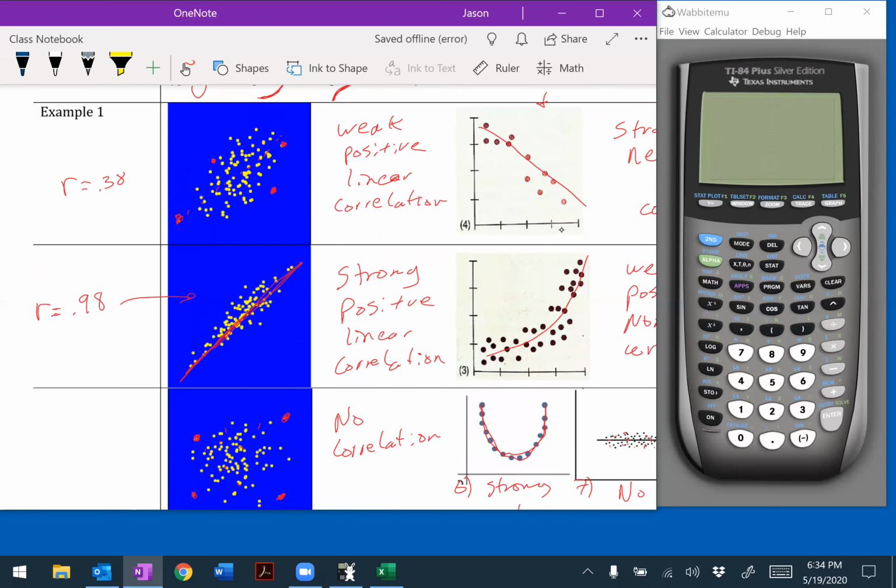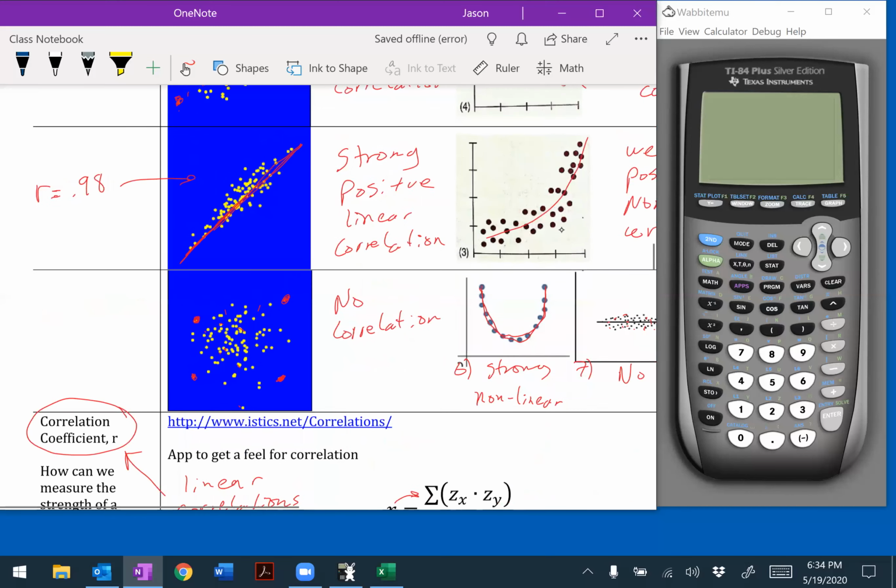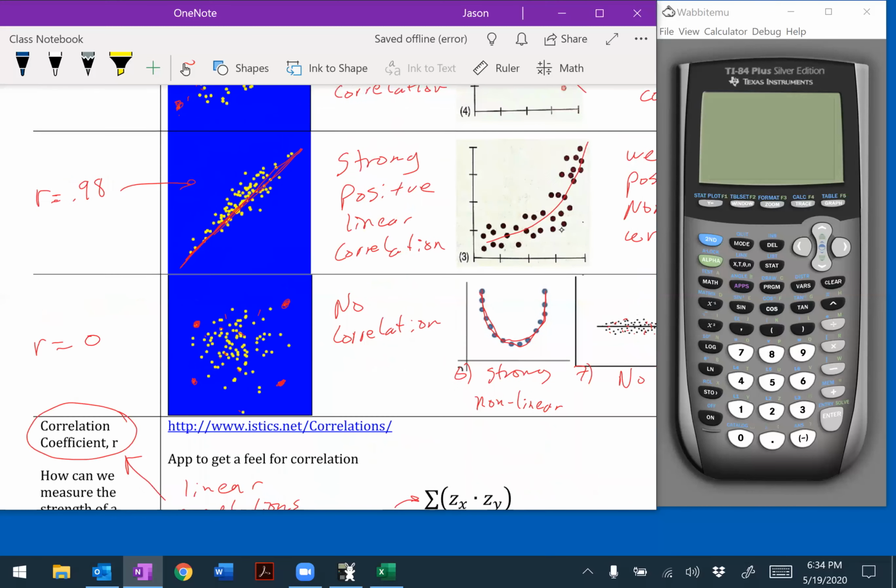It's still a positive relationship, it's just not very strong. The correlation coefficient is closer to 0 than it is to 1. If it's close to 0, there's no correlation. For example, this has R equals 0. Why 0? Because there's no association there, and no slope.